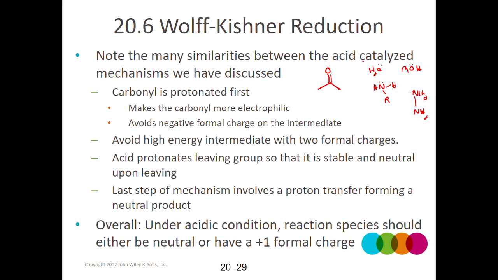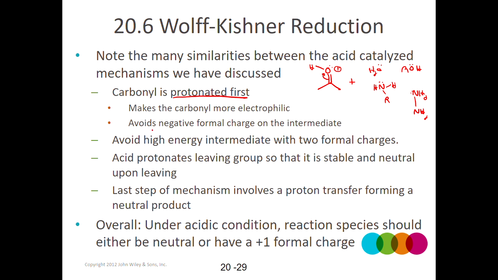So what are some similarities between all the reactions we've seen so far today? Well, one is we want to protonate the carbonyl first. We add an acid catalyst so that it gets protonated. As long as some of the molecules pick up that proton, they become very electrophilic, and any one of these weak nucleophiles that's around can then attack it.